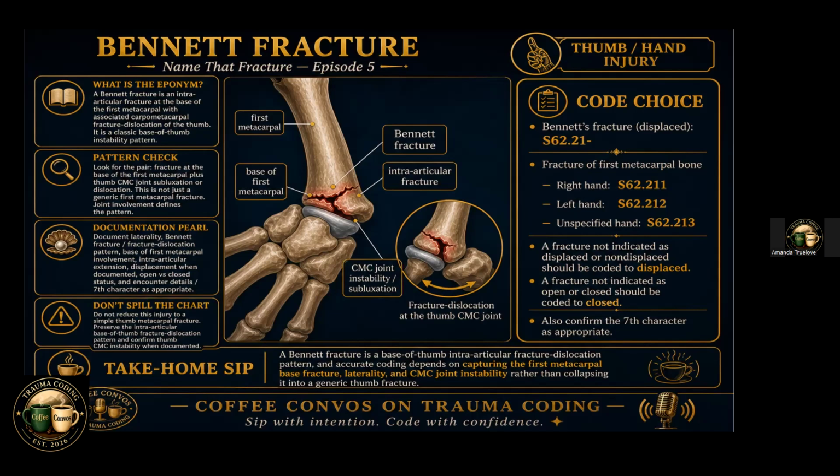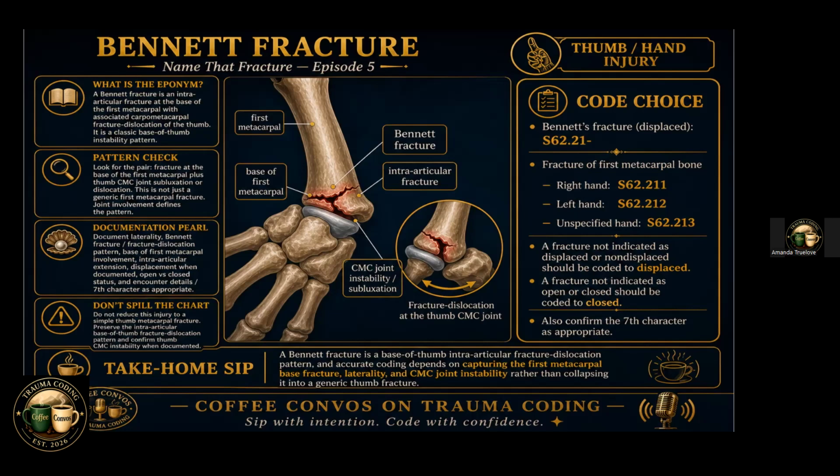So if the joint relationship is documented, that should not be ignored. So your take-home sip for your documentation and the details for Bennett fracture is that a Bennett fracture is more than a broken thumb. It is an intra-articular base of the first metacarpal fracture with possibly some carpometacarpal instability.